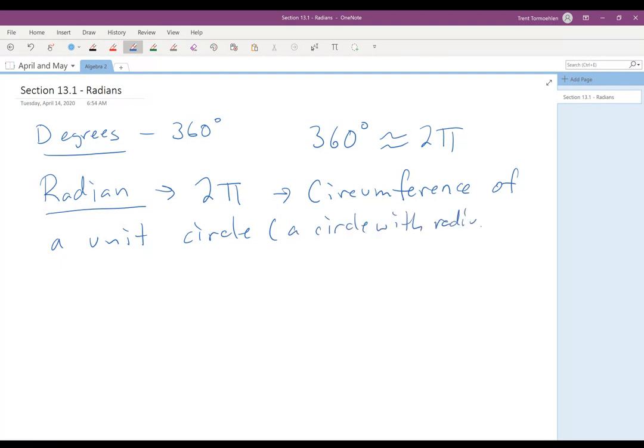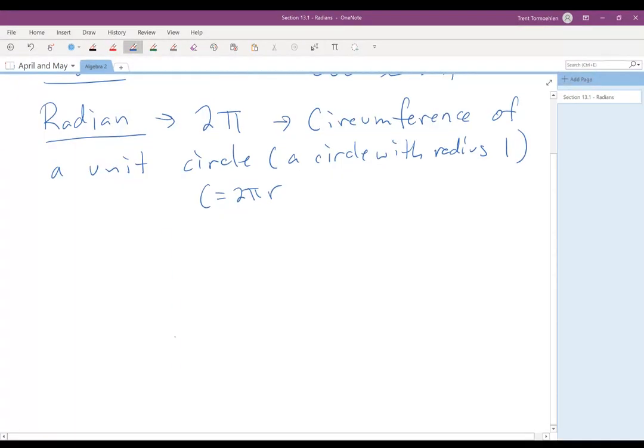Right? The circumference of a circle uses the formula C equals 2 pi r. So if r equals 1, the circumference, the distance around, is considered 2 pi. So if you think about that, if we put it on a grid where we have a circle here, where our radius is 1, well, 90 degrees then is going to be just 1/4 of the circle.